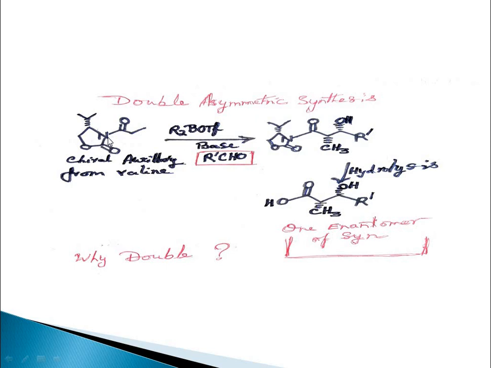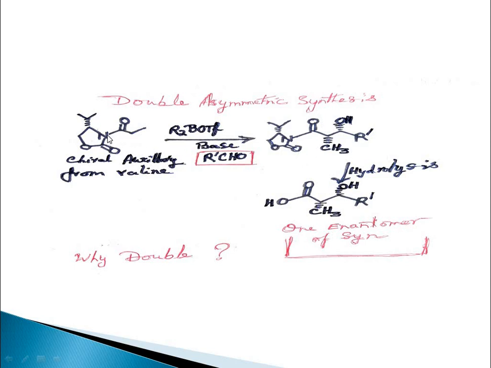From valine, this was over here CH3CO, CH2, CH3. This is made to condense with the aldehyde. So when this is made to condense, this chiral auxiliary is at one end, at CH3, here there was a CH3. So this was over here, C double bond, this was attached here. When this is attached here at this end, what will happen?